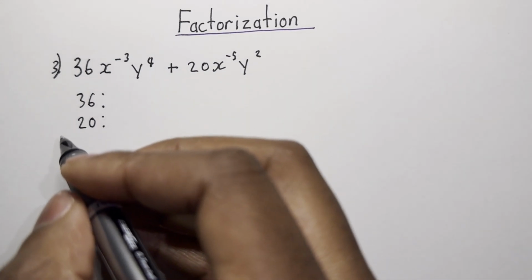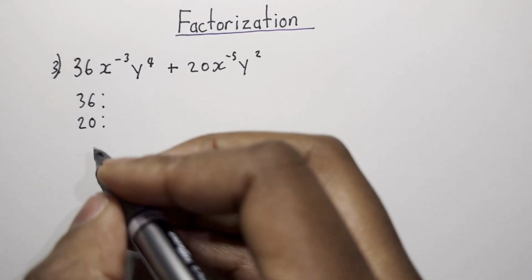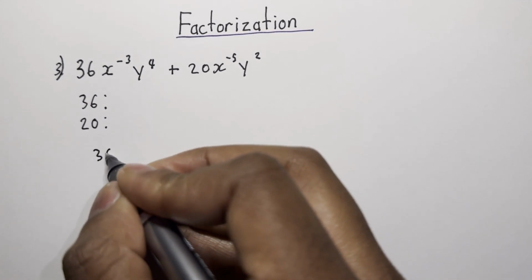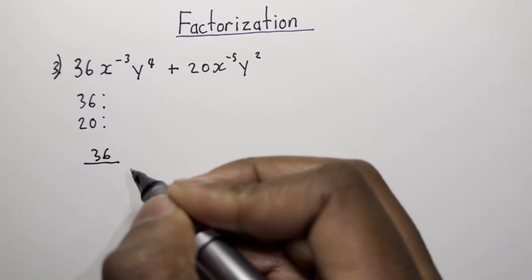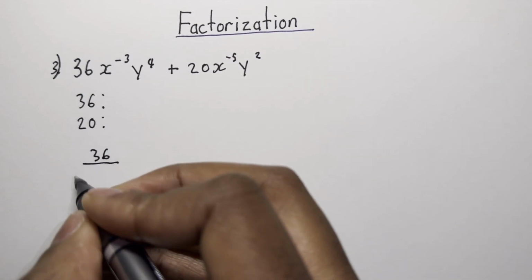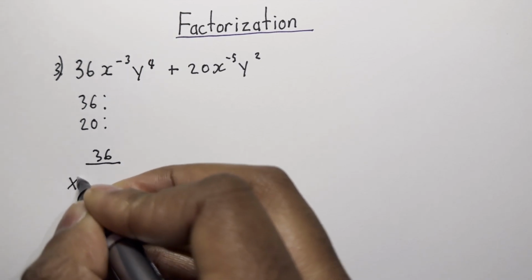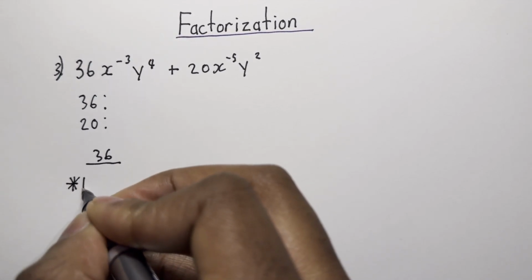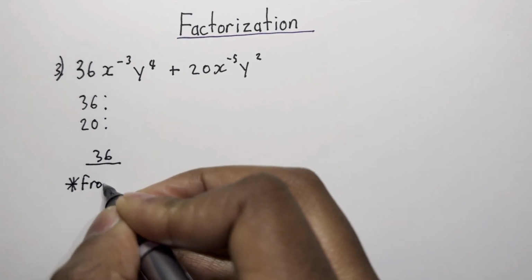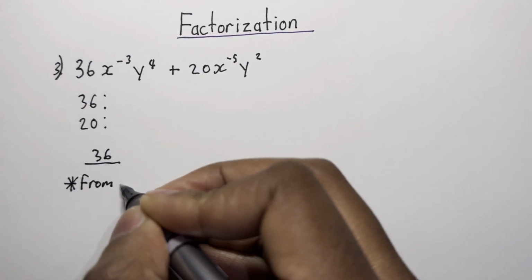So we know we find the HCF. So the HCF of 36, and we did that in the previous question. So let's just put an asterisk to indicate from previous problem.